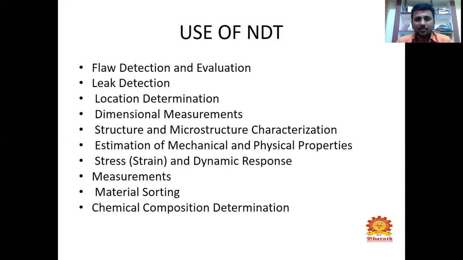We already said that so many tests we are going to do. So stress and strain dynamic response also, use of the NDT, and measurements and material sorting and chemical composition determination. These are all you can find using NDT.